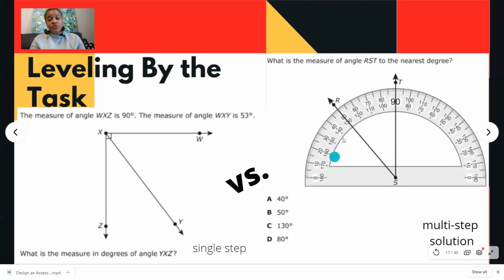They're going to have to know, and this is very hard for 4th grade, are they supposed to be using the 50 or the 130? Is it obtuse or is it acute? And then they're doing the calculation from that point. That's a multi-step solution. Same question, which is a level 1, has now been changed to a level 2 based upon the task that this question is asking.